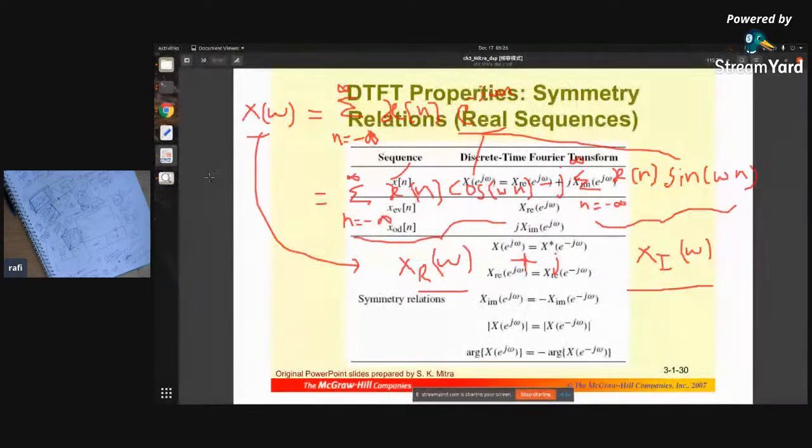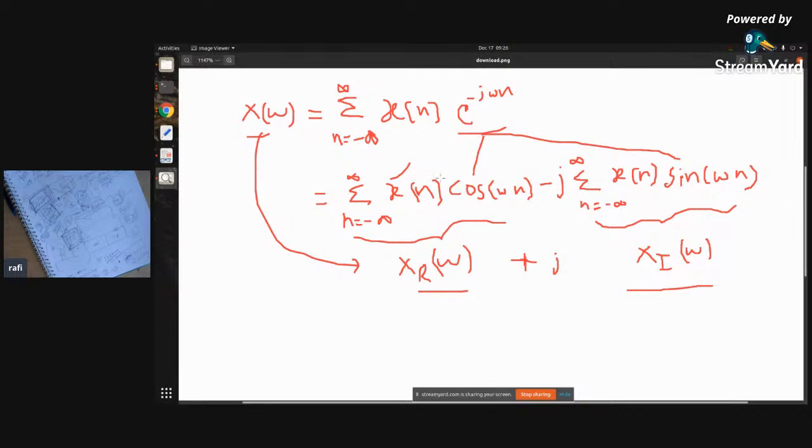So this is what we get, x real and x imaginary. Now if x of n is an even function, what happens? If x of n is even, that means x of n equals x of minus n. This is the definition of even function. So for all negative indices, the values are the same as the positive indices.